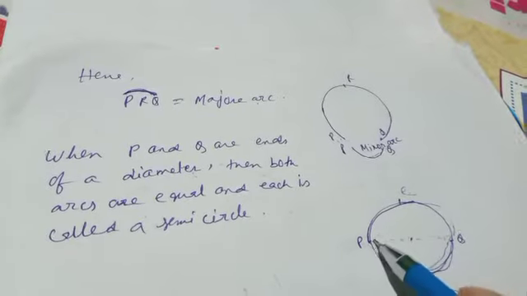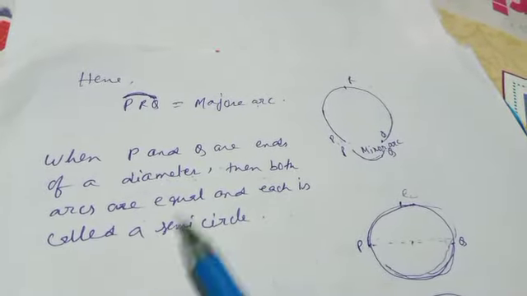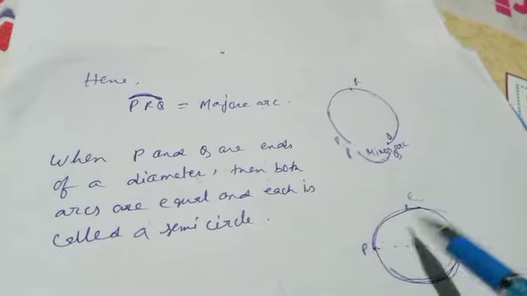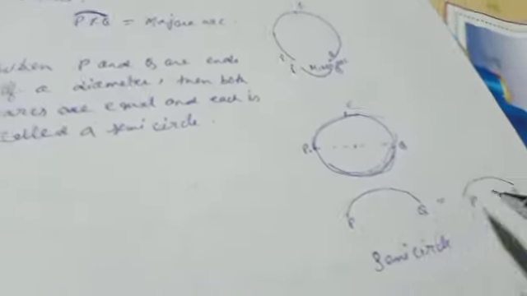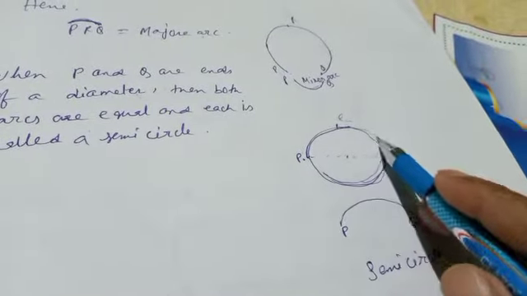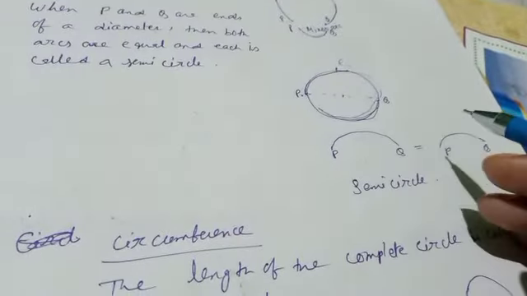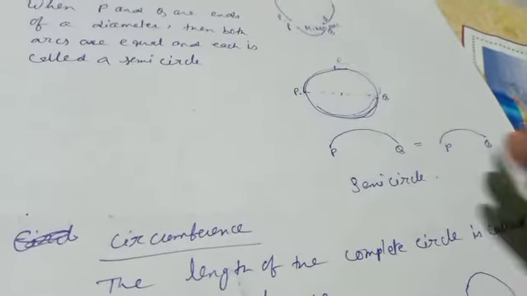Equal. Why? Because P and Q are ends of the diameter. That is why you can write arc PQ is equal to arc PQ. So this arc is called a semicircle, or half of a circle.